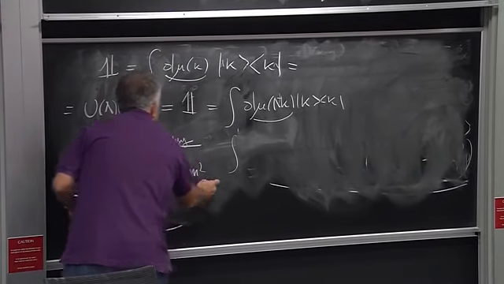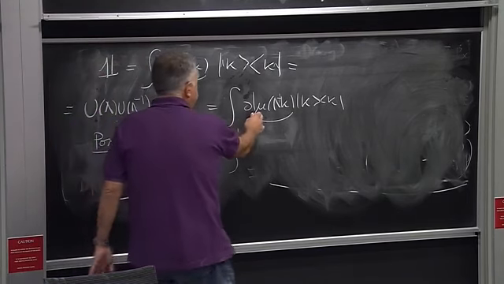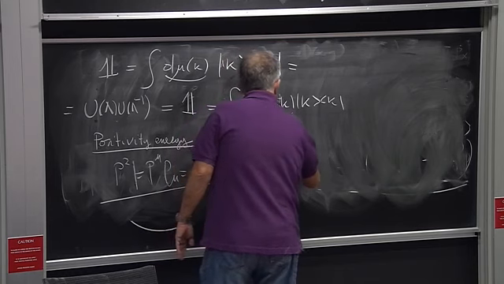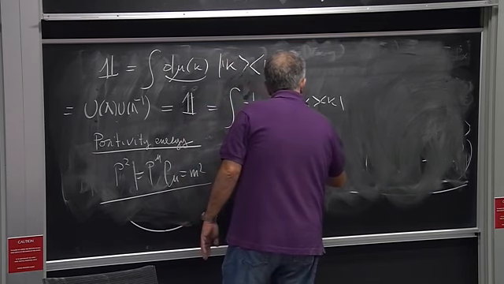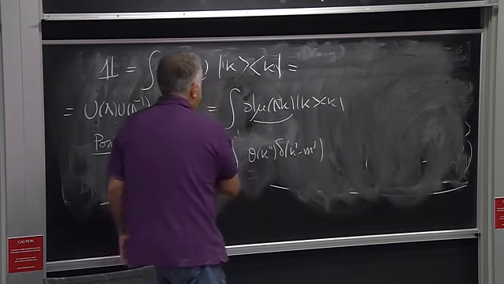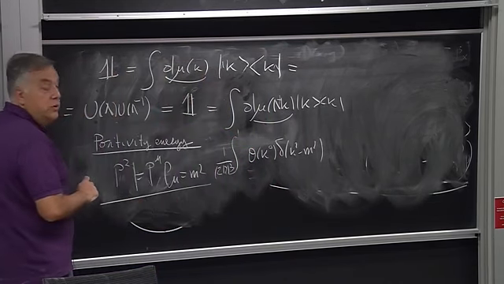If you give a value to this invariant, this measure is fixed. It is theta of k0 delta of k squared minus m squared. The normalization you put here is 1 over 2 pi to the cube.